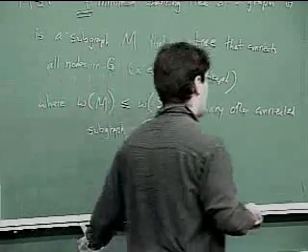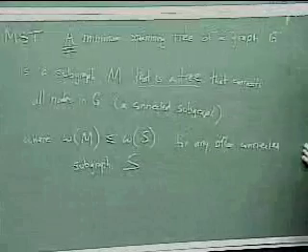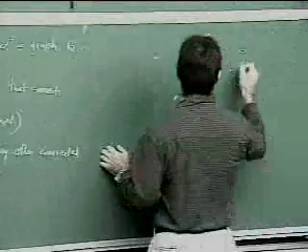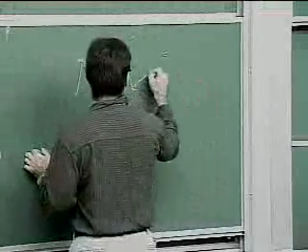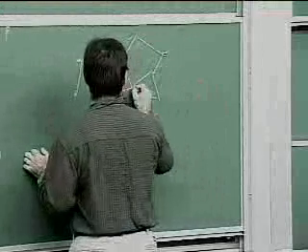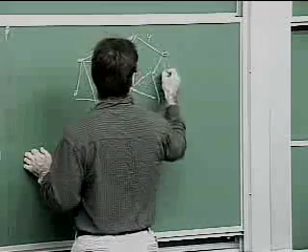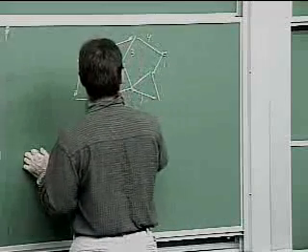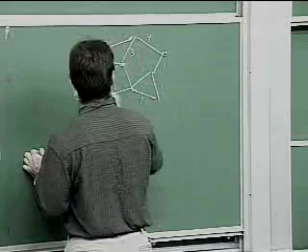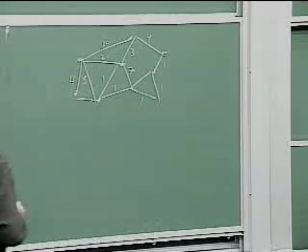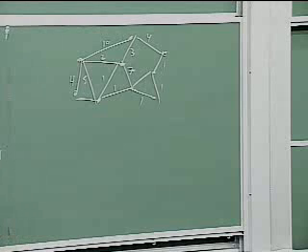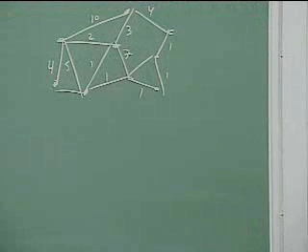So why don't we do an example? Here's a graph G, and I want to find the set of edges that will connect all these nodes and also minimize the cost.